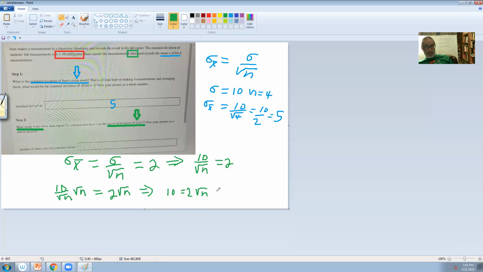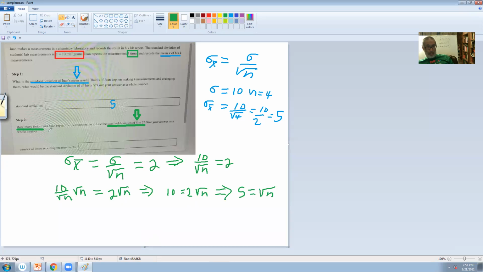Now divide both sides by 2. We get 5 is equal to the square root of n. Then you square both sides, so 25 is equal to n. So there is your answer.